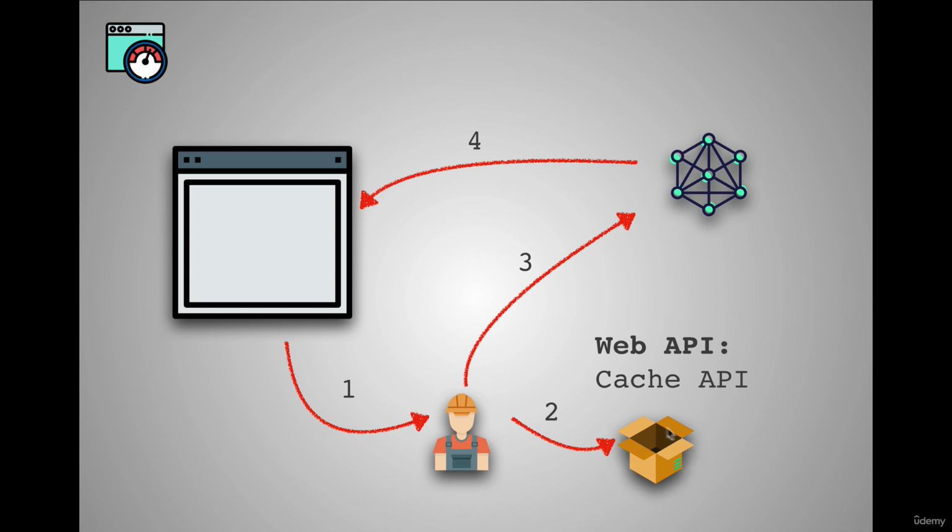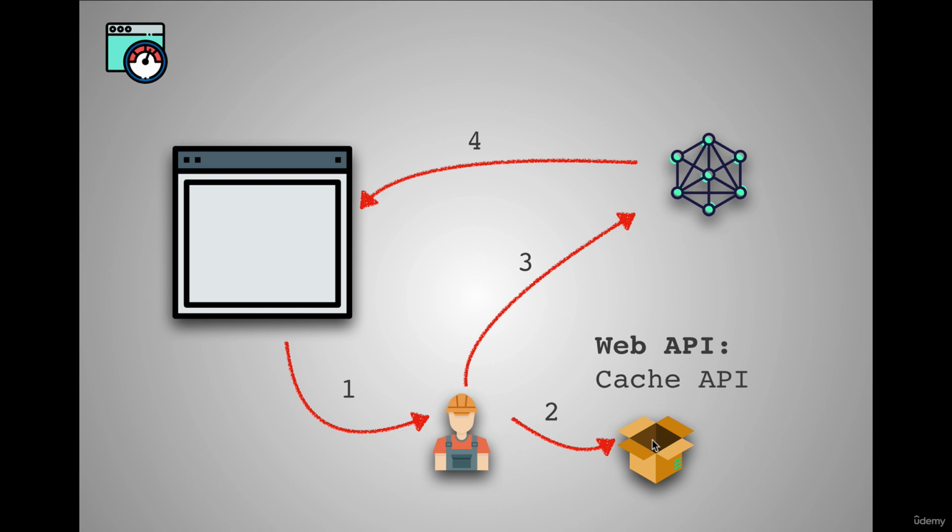It could be images. It could be anything you want. The worker checks the box and sees, is whatever I'm requesting inside of this box? If the content is available, then the service worker is going to return the page. Regardless of the network activity, we're never requesting to the network.